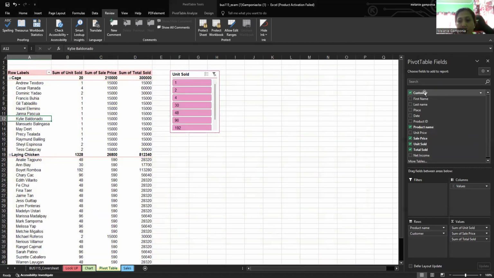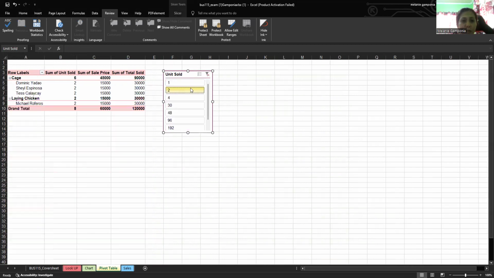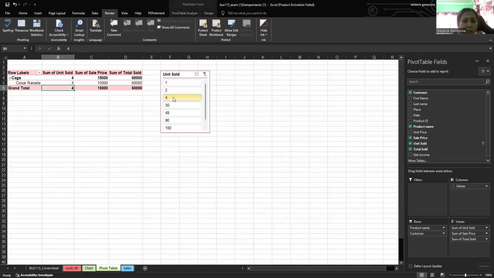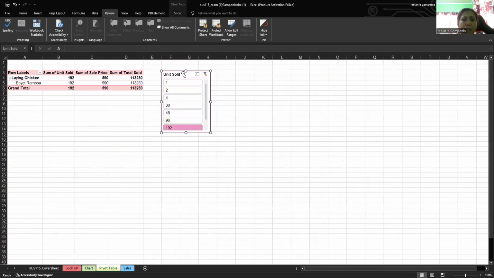I put the customer's name in the rows, and this is the result. Then I made a slicer of units sold, and also one for cages. This is my pivot table.